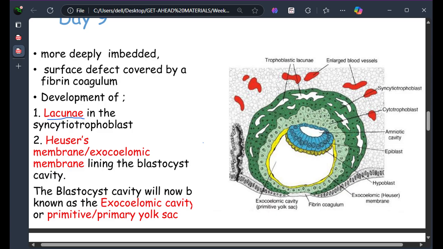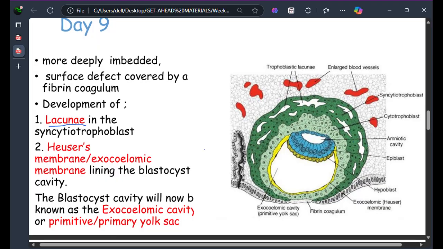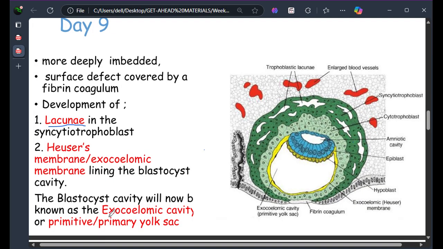Once that happens, the blastocyst cavity will change from that name. Let me not mix up those terms. We're going to call it either the exocoelomic cavity or the primitive or primary yolk sac.